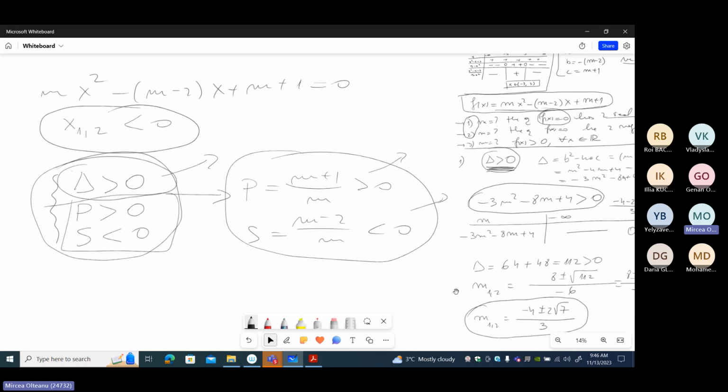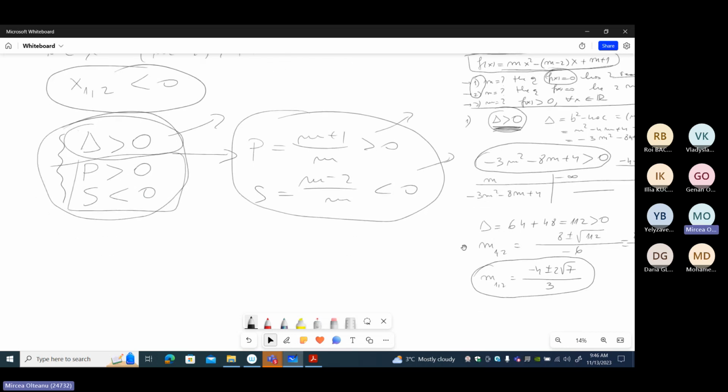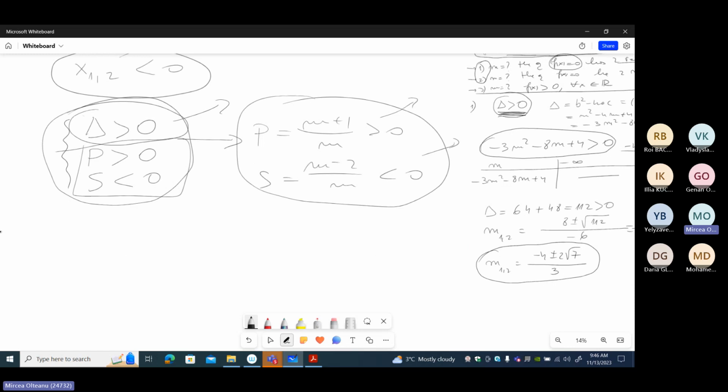And now the last question. Find those values for m for which the function f of x is strictly greater than 0. Attention, for every real x. Okay.